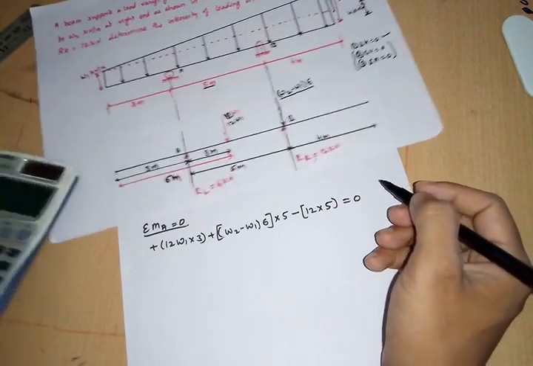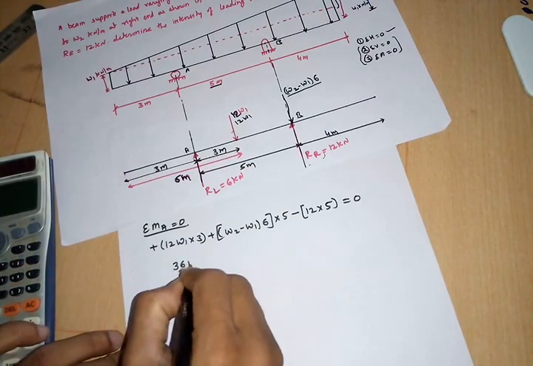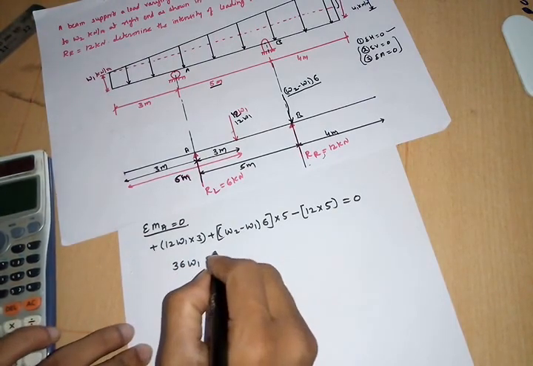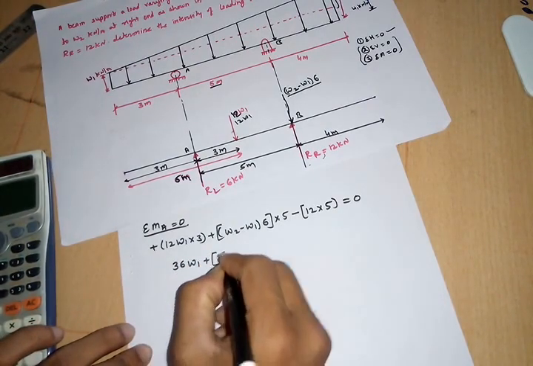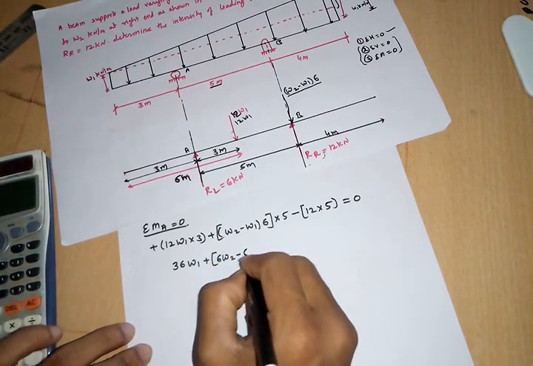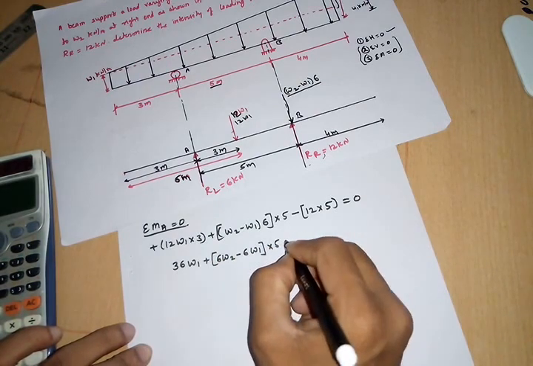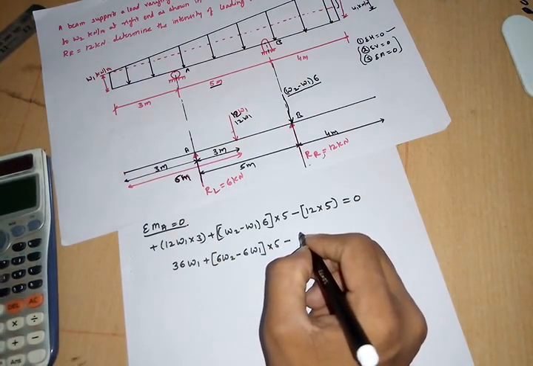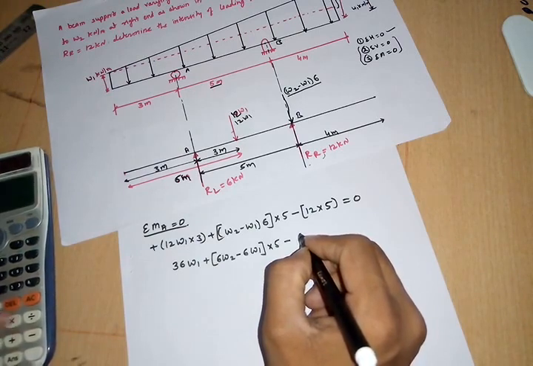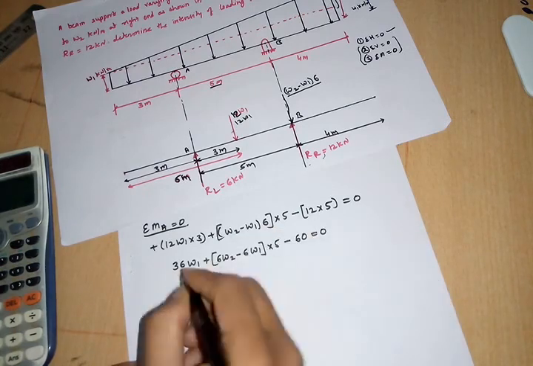Let's simplify this one. So it is 36W1 plus 6W2 minus 6W1, this 5 as it is, minus 60 is equal to 0.